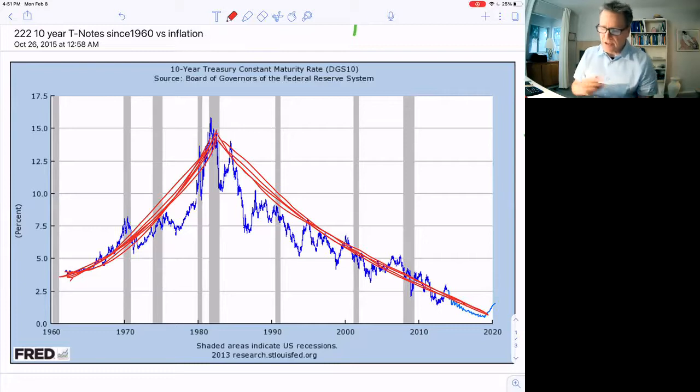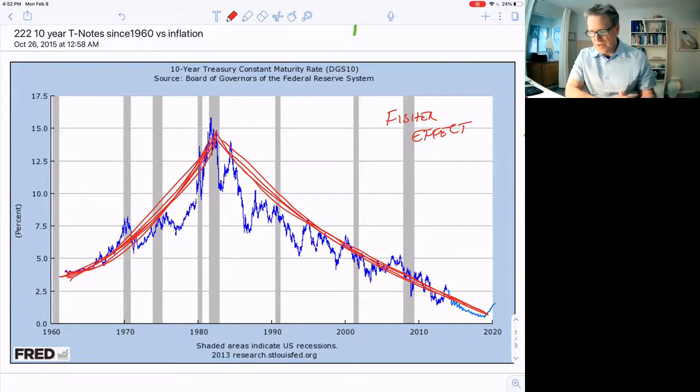The reason is the Fisher effect. There was quite a bit of inflation in the 1970s. There was some in the 60s too, but it kept increasing and getting worse and worse in the 70s. In the 70s, we got up to something like, I don't know, double digit, over 10% inflation. Fisher effect: as inflation goes up, nominal interest rates are going to go up too. And that's what was happening here.